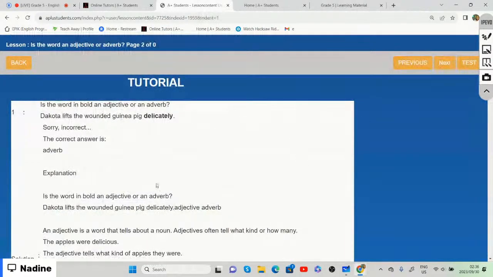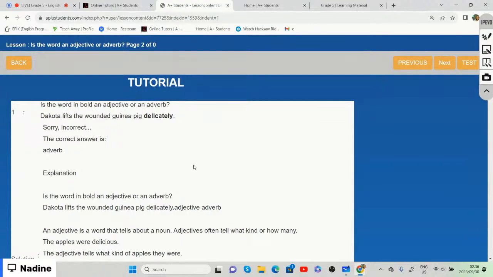All right. Dakota lifts the wounded guinea pig delicately. So Dakota lifts the wounded guinea pig delicately.